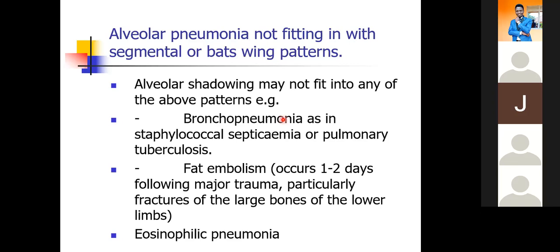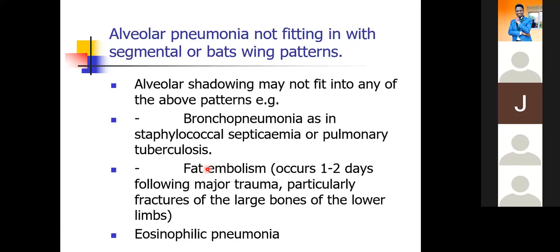Along with this, we have some of the common infectious causes, staph septicemia being one very common cause, as well as pulmonary tuberculosis. Still in this same category, we also have this issue of fat embolism. For fat embolism, it usually has a miliary kind of appearance.